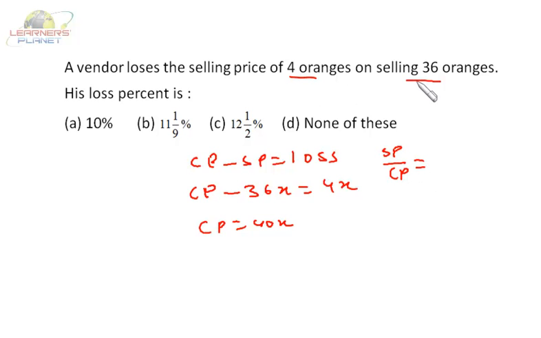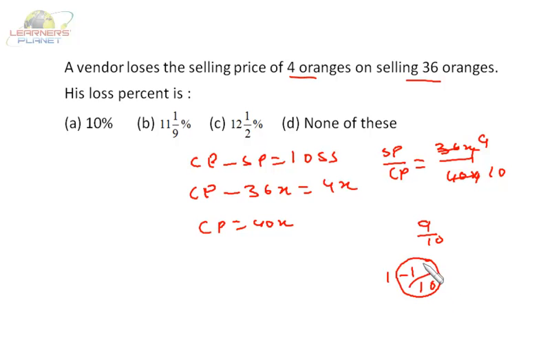SP of 36 oranges is 36x and cost price is 40x, so it's 9 by 10, which is 1 minus 1 by 10. That means 1 by 10 is the loss, or we can say 10% loss is there. I hope you are clear. A very simple problem and a very simple concept. I hope your answer is also matching with mine.